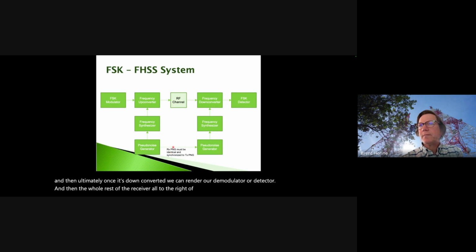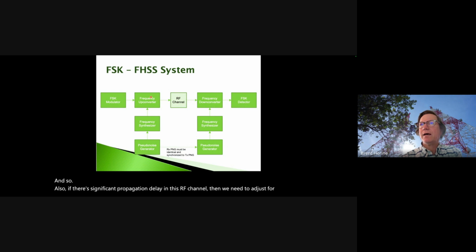Now, just note that these things must be identical and synchronized to the transmit pseudo number generator. Also, if there's significant propagation delay in this RF channel, then we need to adjust for that so that as this frequency is changing, we can exactly match that timing and down convert the signals, right?